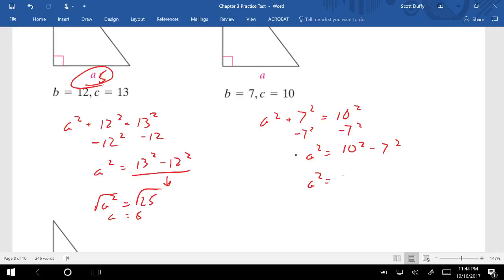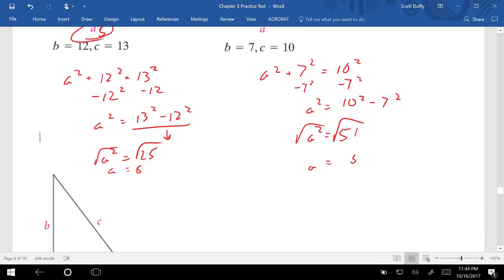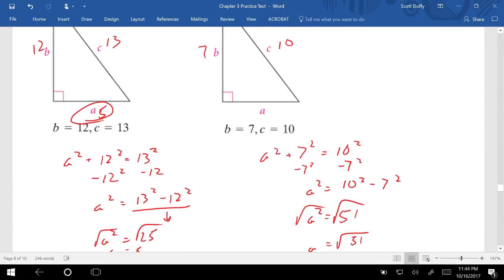And you get 51. A is equal to square root of 51 because it gives you a nasty decimal. Square root of that.